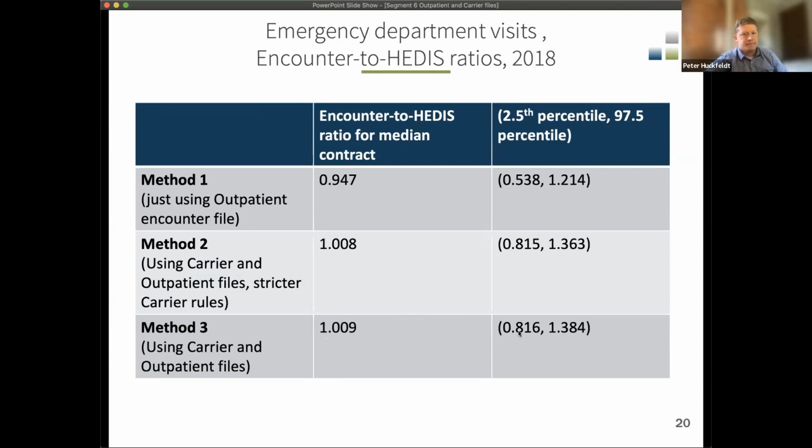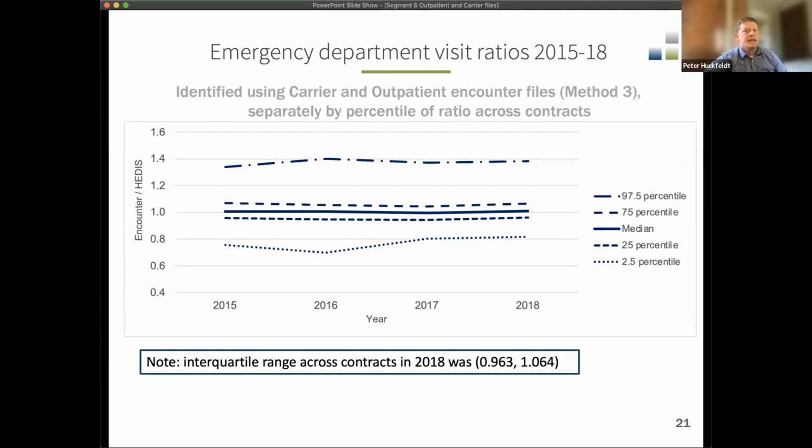Then our range here, at the top of the distribution, is capturing 38% higher visits in the encounter data, and at the bottom of the distribution the ratio is only 0.8. When we look at the ratio over time, again we find pretty good concordance for the median contract even in 2015, and that continues over the entire sample period.